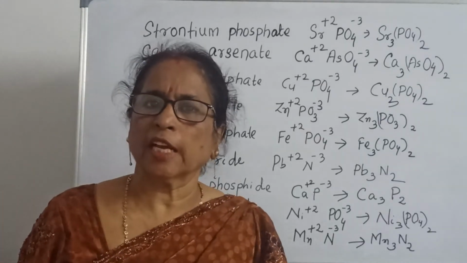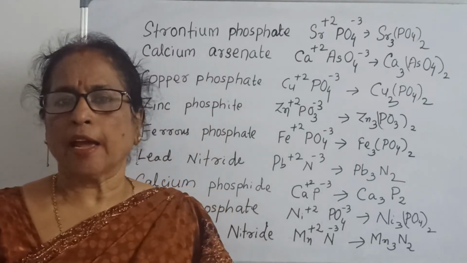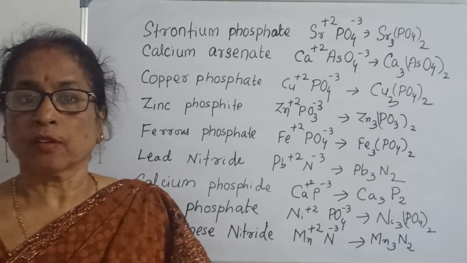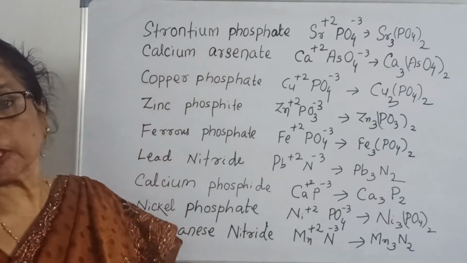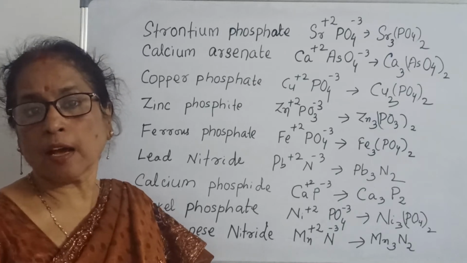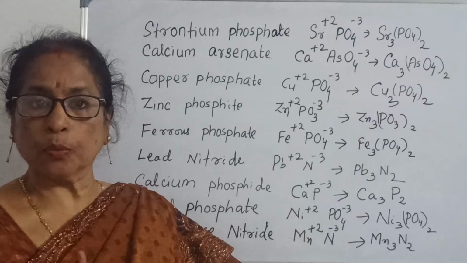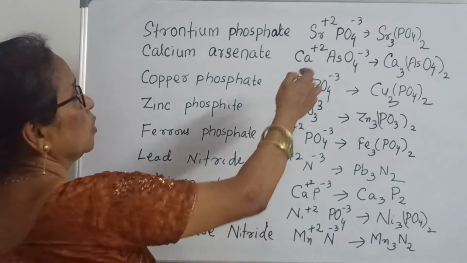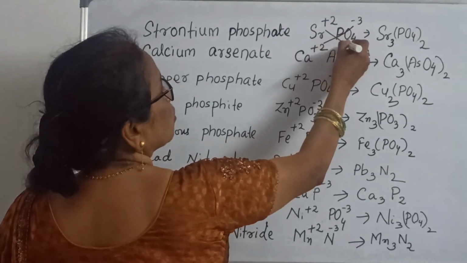Now see other examples of divalent cation and trivalent anion compounds. Strontium phosphate. What is strontium? Sr, having charge plus 2, and phosphate PO4 minus 3. So 3 comes here and 2 comes here.